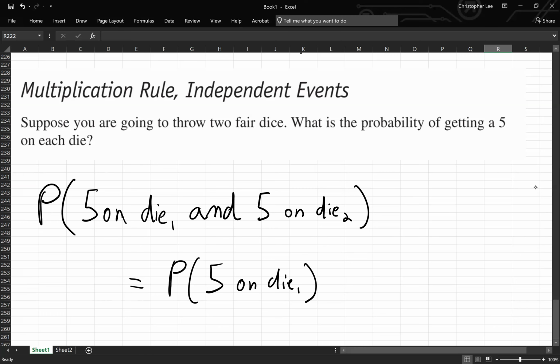Die is the singular form of dice. And we agree that anytime you see the word and, it's going to be multiplication. So this is the probability of a 5 on die 2.